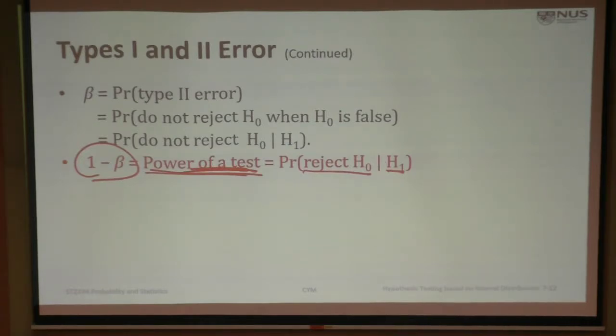So that's a good thing. We want this probability of rejecting H0 when H0 is false to be as high as possible. That term we call the power of a test. That means how good your procedure is is measured by this power of a test.